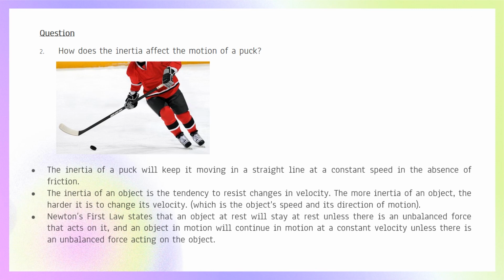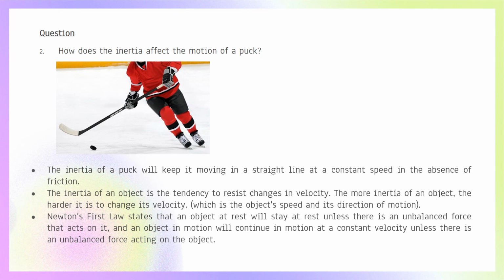The inertia of a puck will keep it moving in a straight line at a constant speed in the absence of friction. The inertia of an object is the tendency to resist change in velocity. The more inertia an object has, the harder it is to change its velocity, which is the object's speed and its direction of motion.